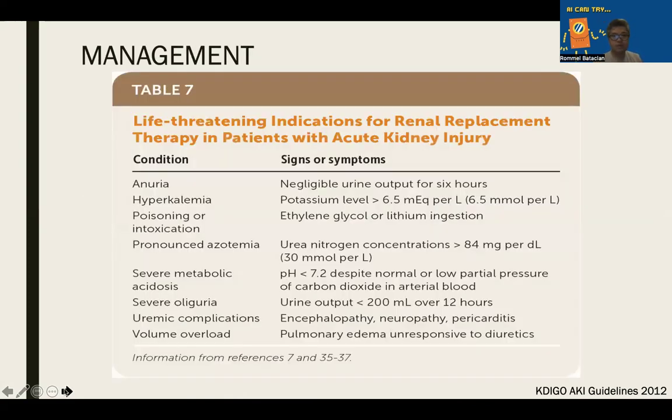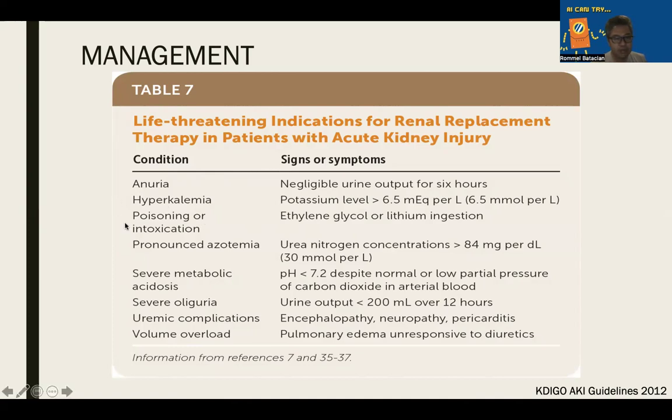So, regardless of the cause of the AKI, these are some of the indications for renal replacement therapy, whether it's peritoneal dialysis or hemodialysis. This would be very important, which is also similar to the indications of chronic kidney disease.